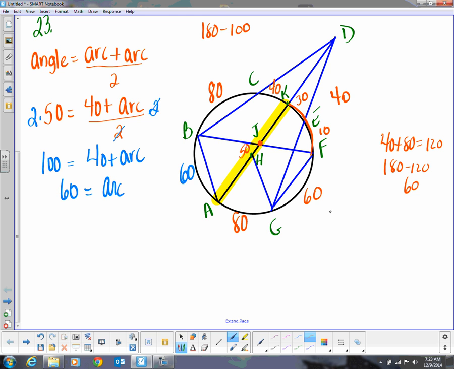So my KE, what did I have for KE? See, I even have a worksheet that doesn't have answers. So KE is 60.